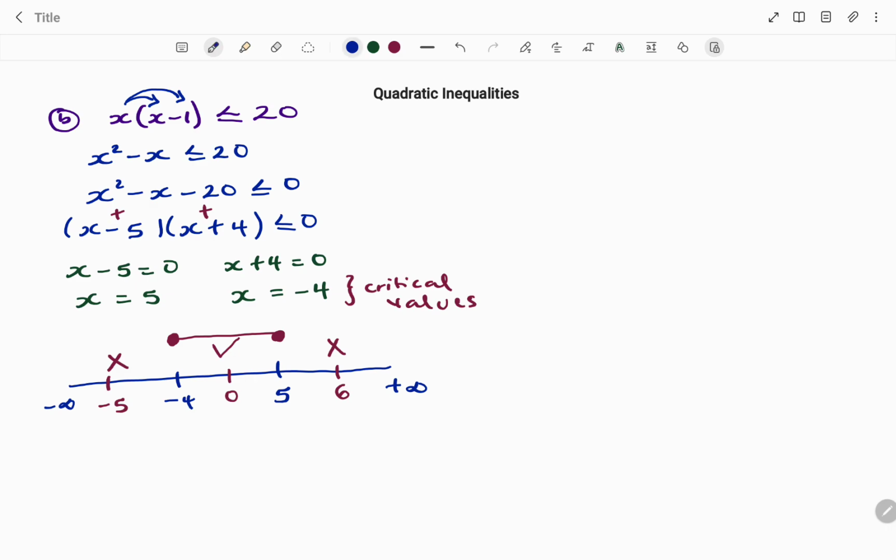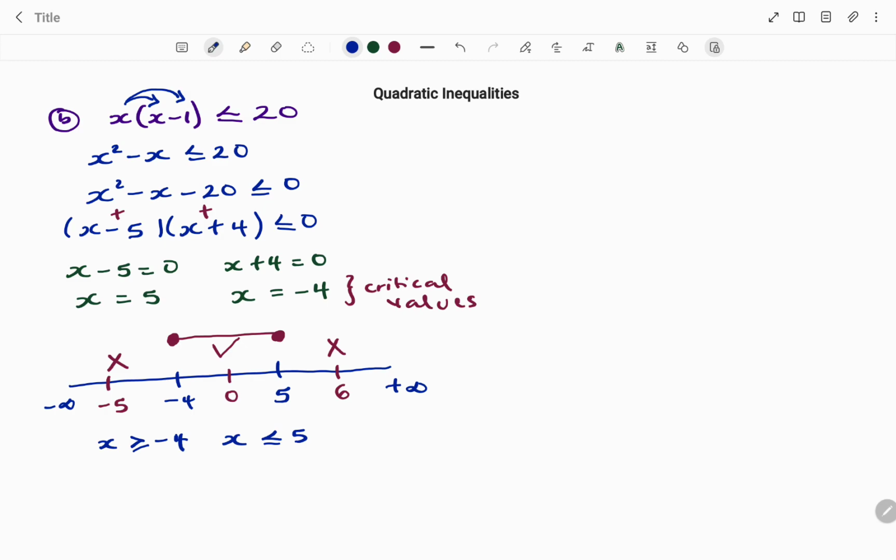And if I write it as interval notation, I have x is greater or equal to negative 4 and x is less than or equal to 5 as shown.